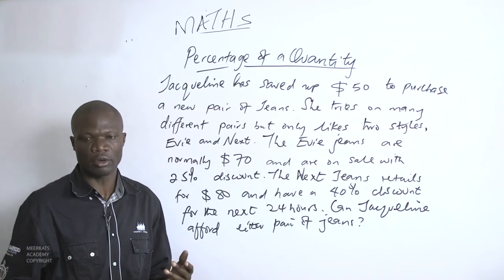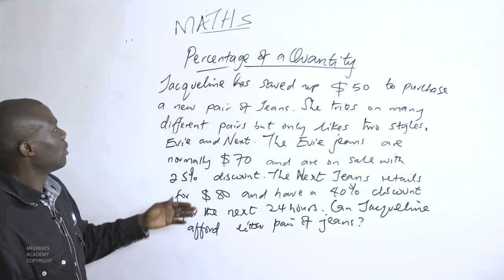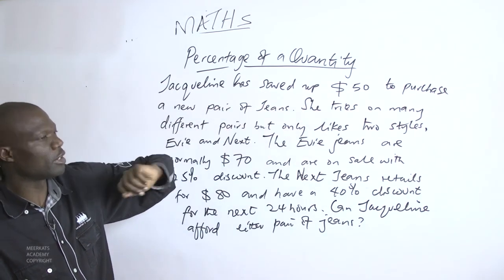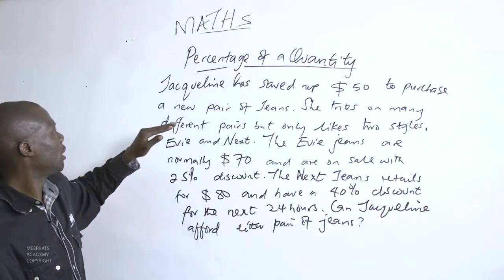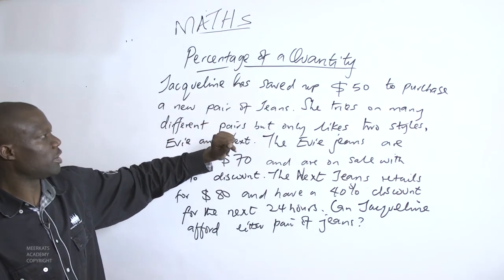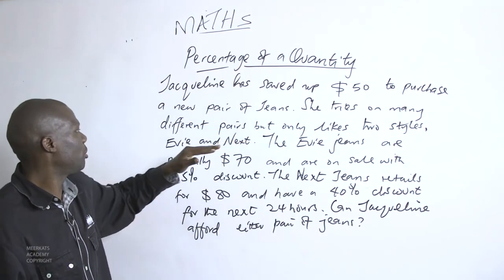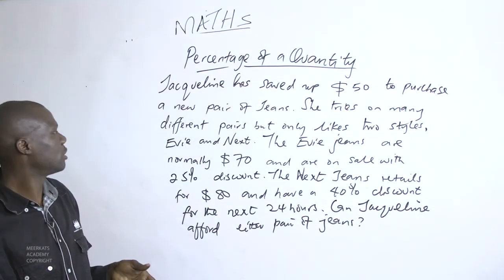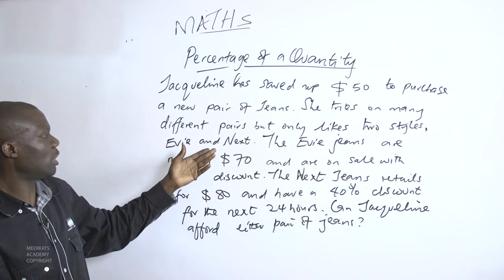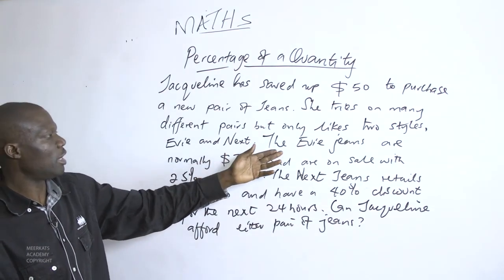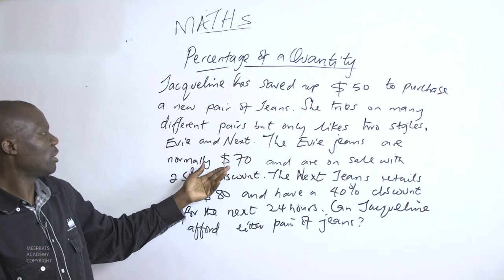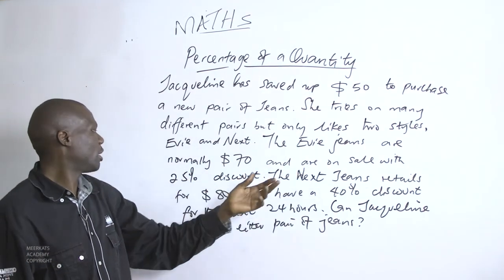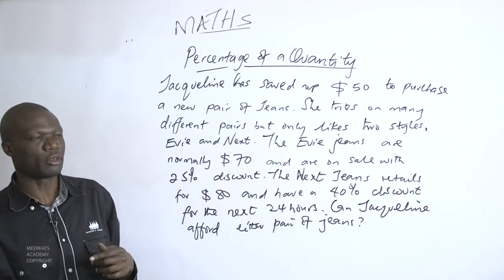So looking at our question, Jacqueline has saved up $50 to purchase a new pair of jeans. She tries on many different pairs but only likes 2 styles, AV and Next. The AV jeans are normally $70 and are on sale with 25% discount.